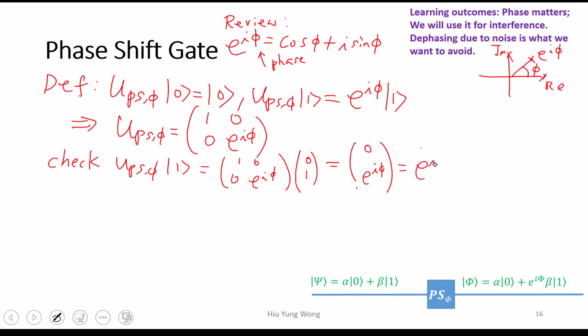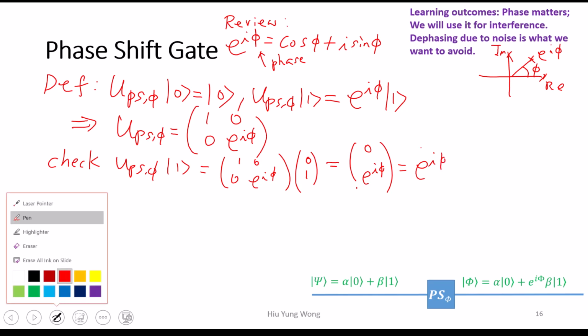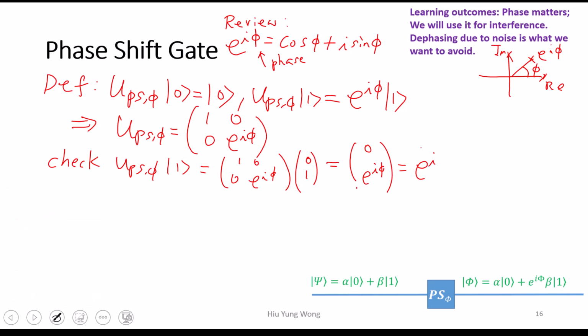I can write it as this. Is this valid? I factorize it. Because all I need to do is multiply this by 0 is still 0, this by 1 is this one, so it's valid. I do a factorization. Just a factorization for a vector, right, for a matrix. And what is this in ket form? 1. This is exactly what we just defined.